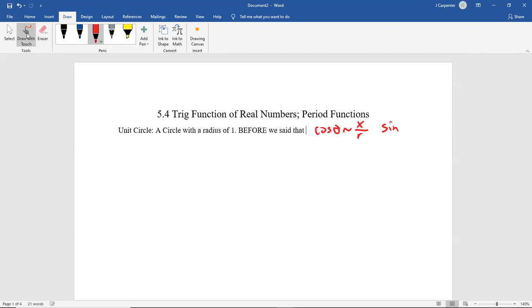Cosine of an angle goes like x over r. Sine of an angle goes like y over r. And the tangent of an angle goes like y over x.